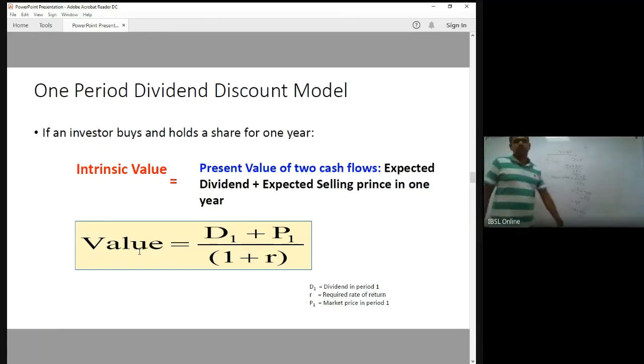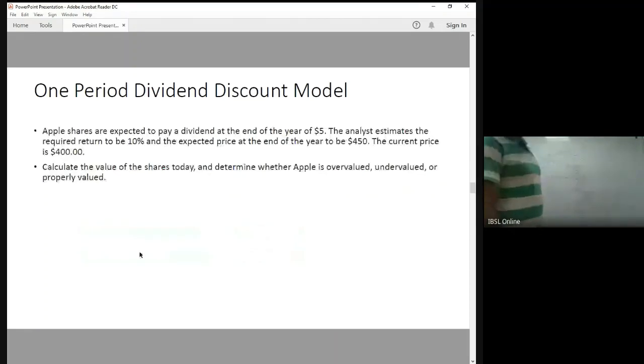The current price is $400. What do you think? Is it undervalued, overvalued, or fairly valued? Is Apple undervalued?